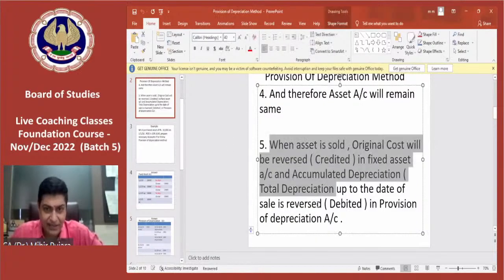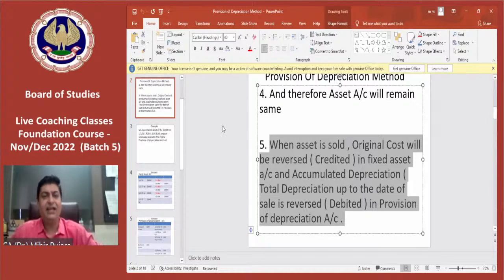and this is the very important point when an asset is sold, guys. See, when you sell the asset, logically the asset account should be reversed by the sale of the asset, and the POD account also reversed by the sale of the asset.